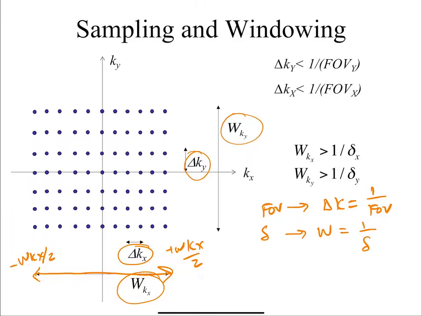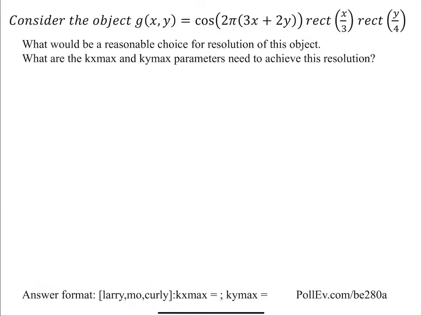But let me give you this exercise here because this will help you apply this. Here's the object that you just looked at. Now the question is, what would be a reasonable choice for the resolution of this object? You're given this object and you want to image it, and you have to tell the scanner, I want some resolution in the x direction, some resolution in the y direction.